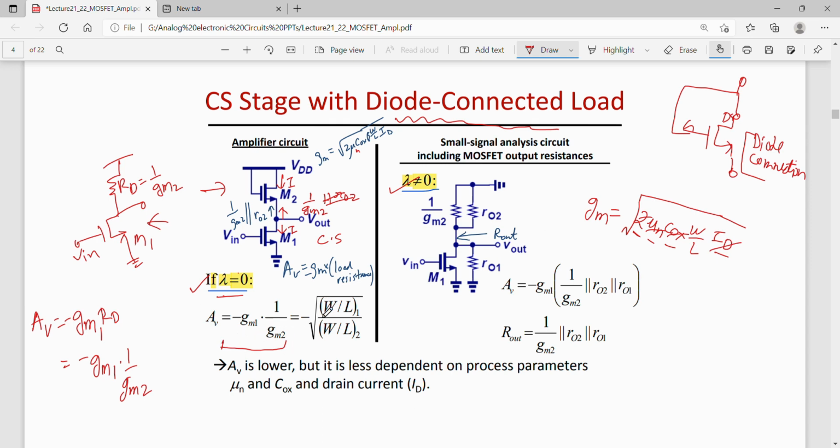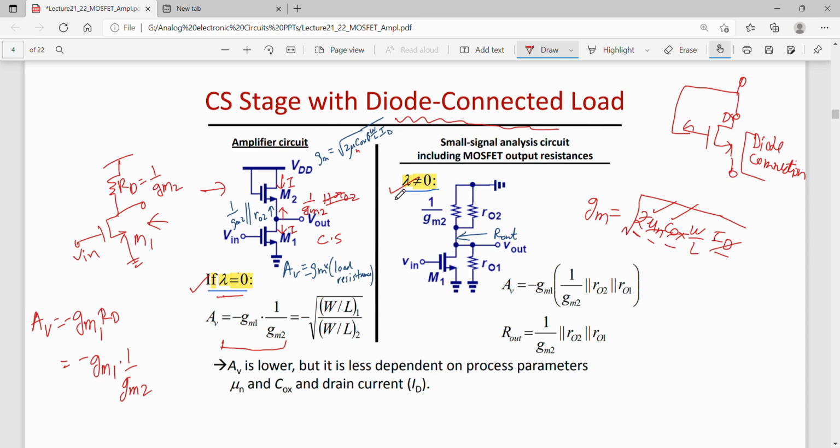So the gain will be equal to minus the square root of W by L of 1 divided by W by L of 2. This means that my gain, though it is less, is independent of the process parameters. Mu n and Cox are process parameters, so now my gain is free from, or less dependent on, the process parameters.